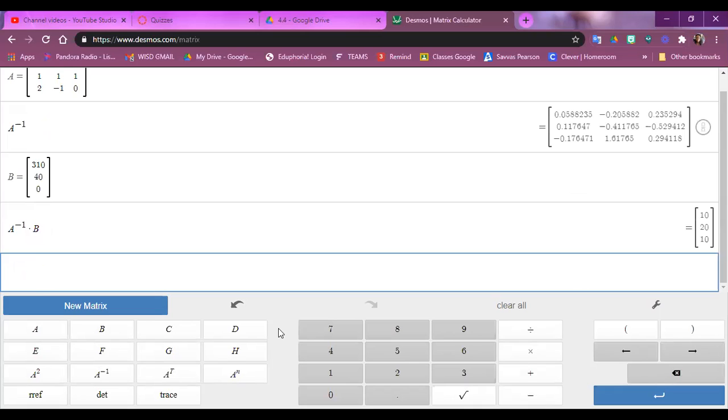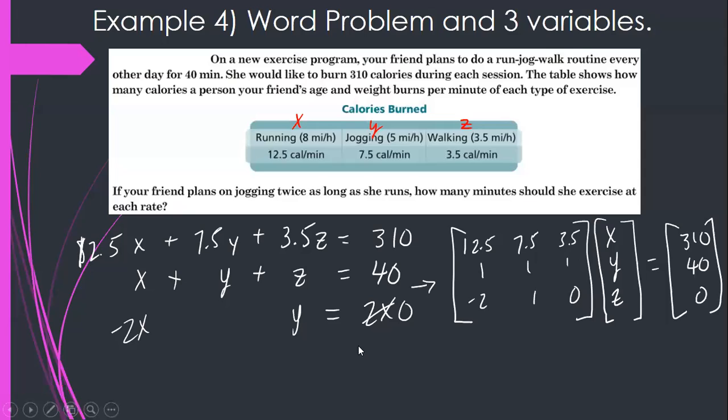So we end up with 10, 20, 10. Yay. So when we come back here, yep, we know that x equals 10, y equals 20, and z equals 10 minutes.